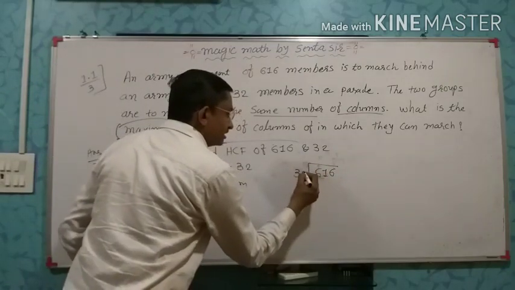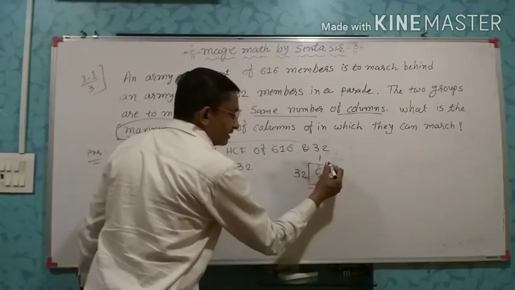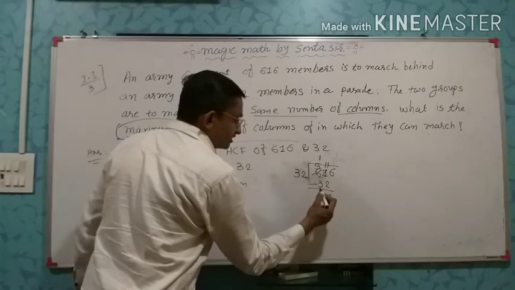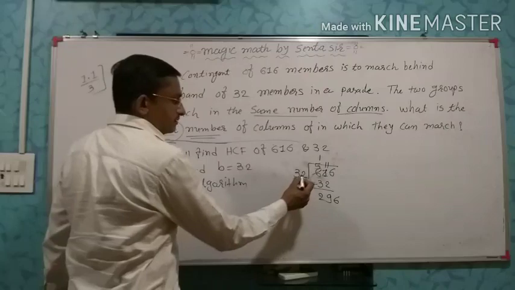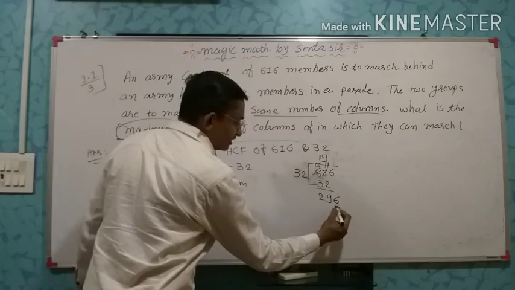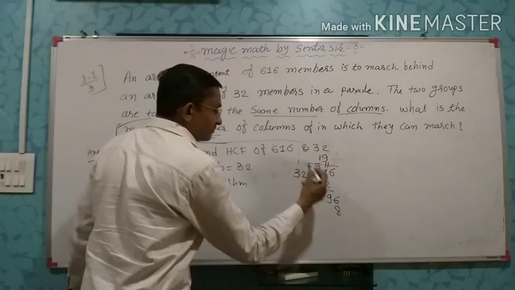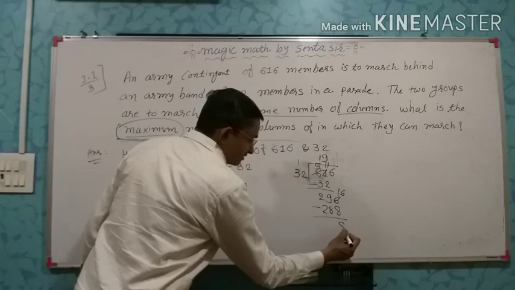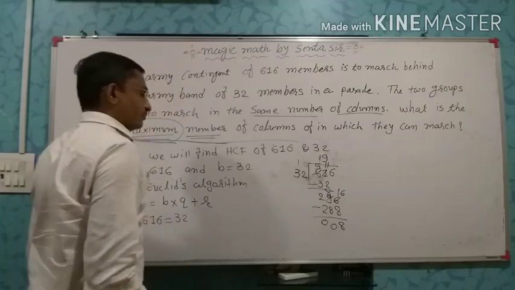616 divided by 32. 32 ones are 32. 11 minus 2 means 9. 5 minus 3 means 2. 32 nines: 2 nines are 18, 1 carry. 3 nines are 27 plus 1, 28. 16 minus 8, 8. 8 minus 8, 0. 2 minus 2, 0.